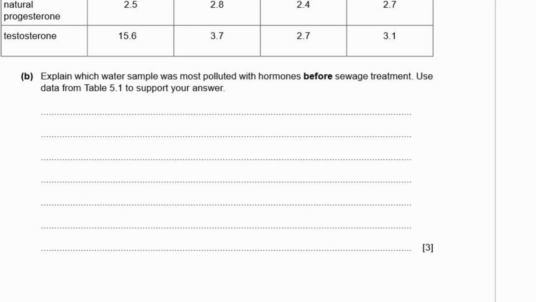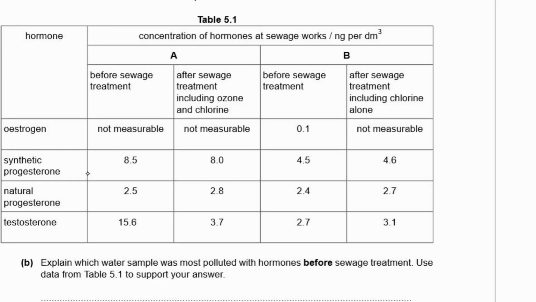B. Explain which water sample was most polluted with hormones before sewage treatment. Use data from Table 5.1 to support your answer. Okay, this one it even says use data from the table, so you must use data. So we're looking at before treatment.